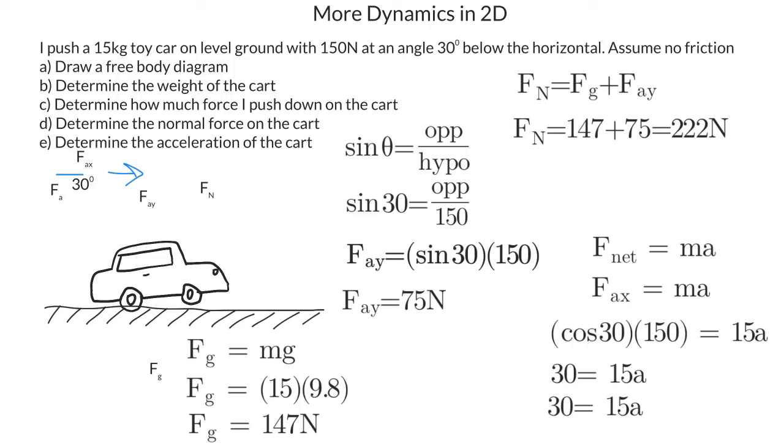And so what I will get is that the acceleration will equal 30 divided by 15, which hopefully we can recognize as being 2 meters per second squared.